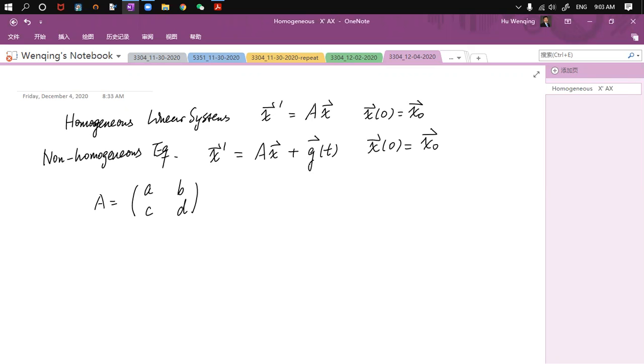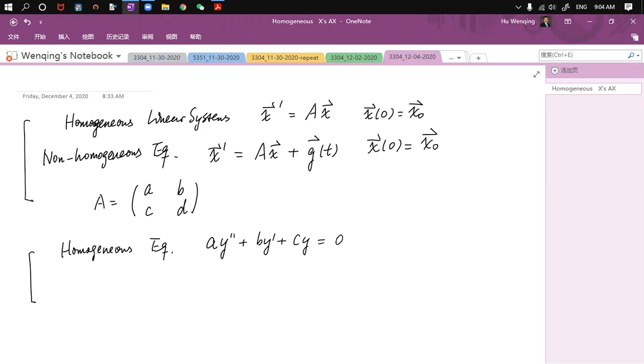Now remember, the whole theory here is in parallel to the homogeneous equation. Let's say second order homogeneous equations: a y double prime plus b y prime plus c y equals 0.